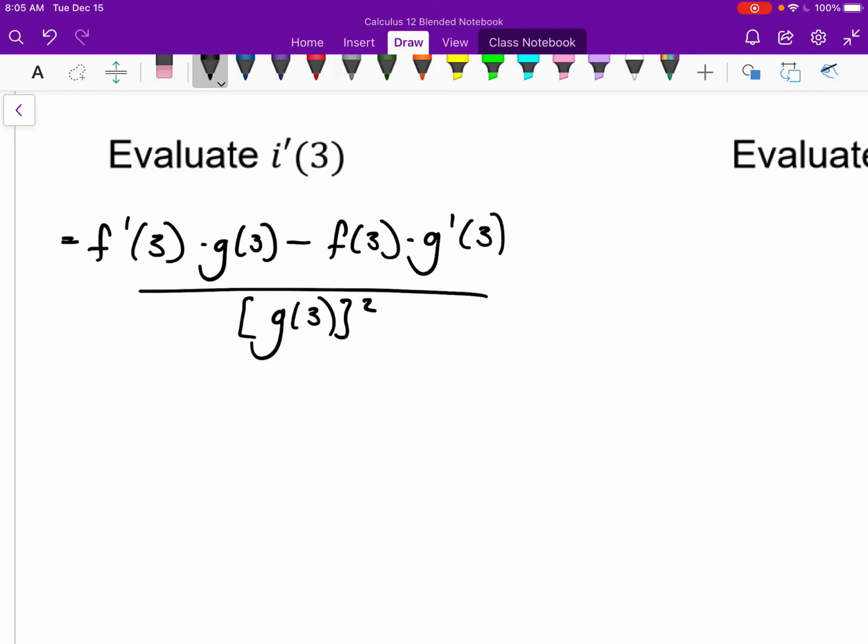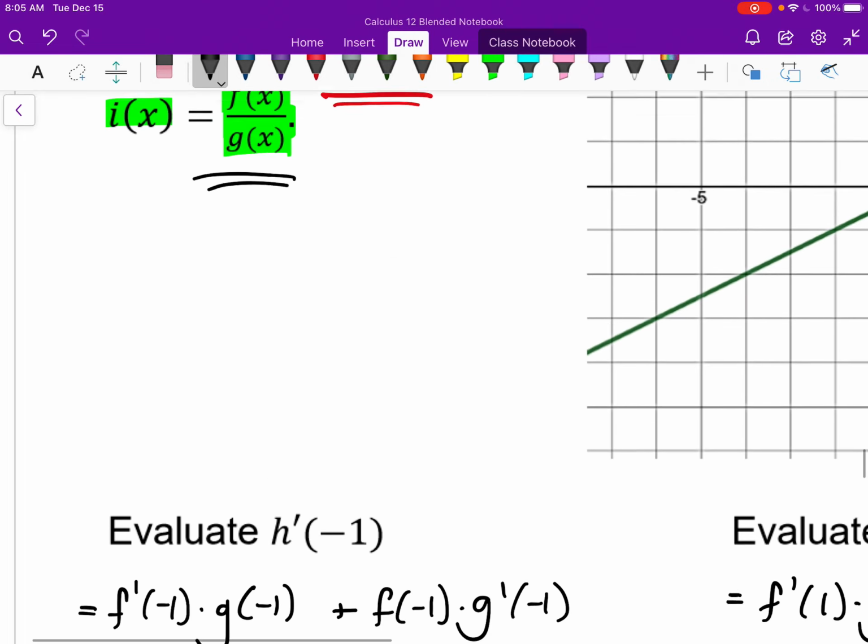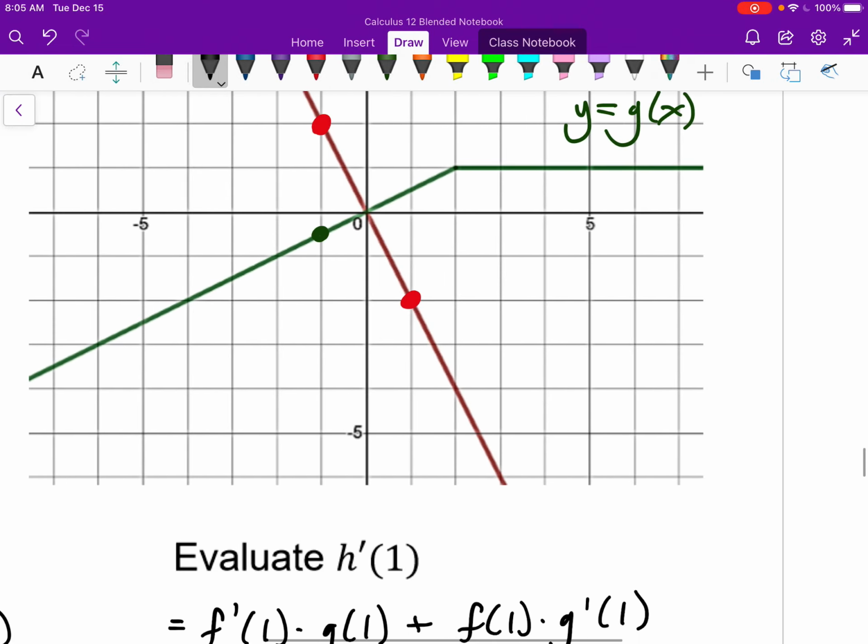And again, all these points I can figure out by looking at the graph. For example, I just look at the graph at 3. So I'm looking for example, f at 3 is right here. I can see the slope is -2, the output is -6. And g at 3, I can see the slope is 0, the derivative is 0, the output is 1.